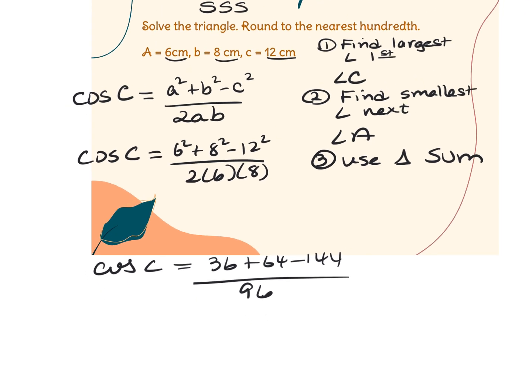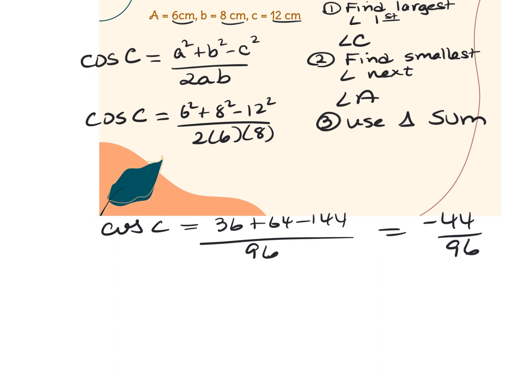So now I actually have to add and subtract the numerator, and this gives me negative 44 over 96. I now need to divide negative 44 by 96, and I get the cosine of C is equal to negative 0.458, and then it's 3 repeating.